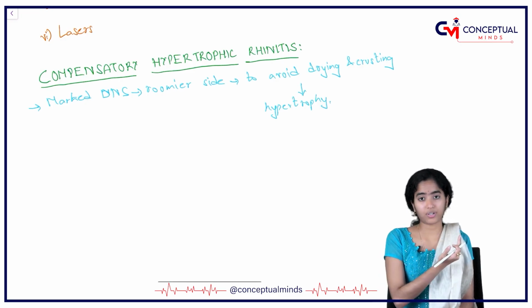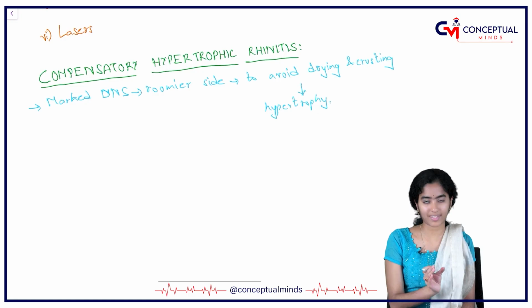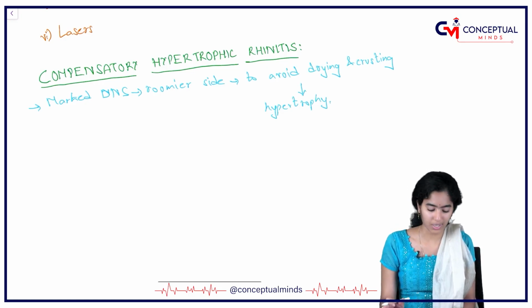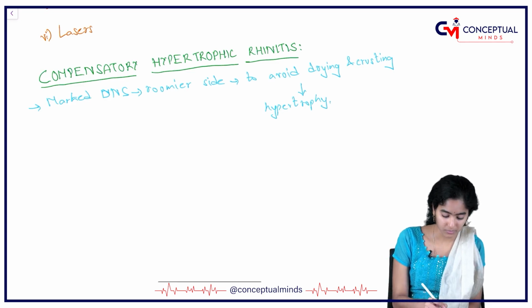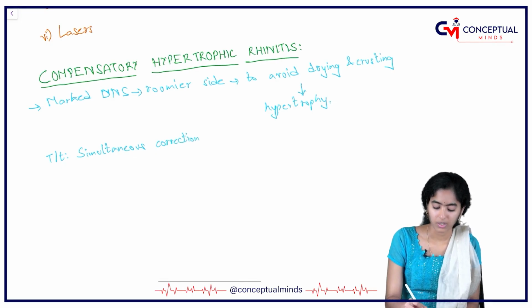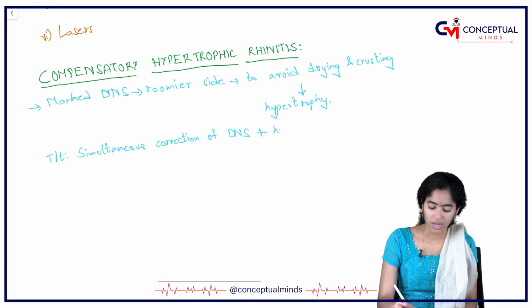So for DNS, if surgery is being performed to correct the septum, at the same time, if at all compensatory hypertrophic rhinitis has occurred, we have to do a partial or complete turbinectomy and resolve that also surgically. Treatment is simultaneous correction of DNS plus hypertrophic turbinate.